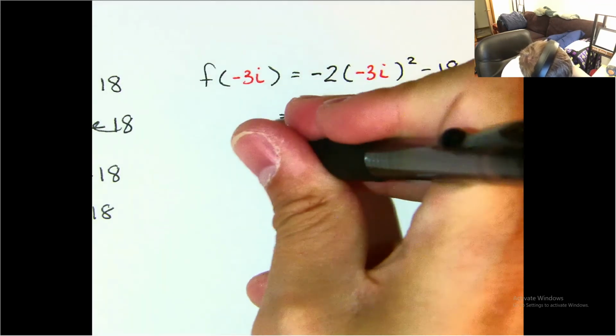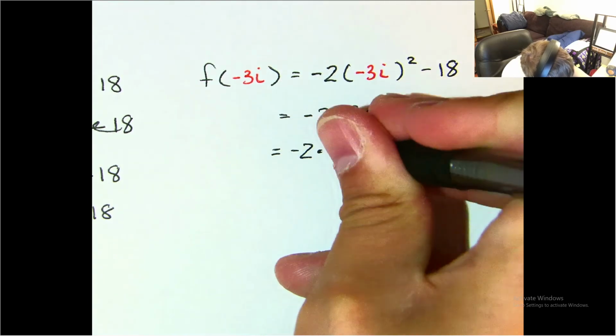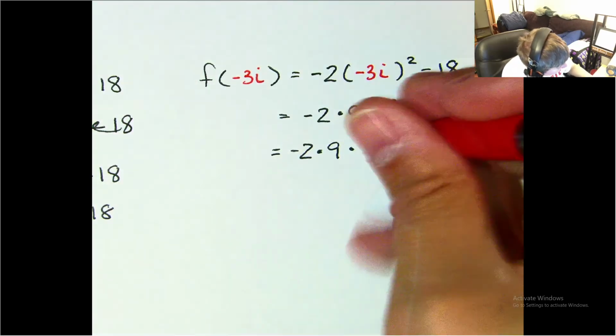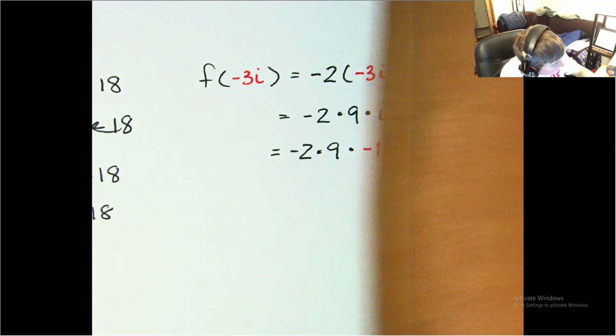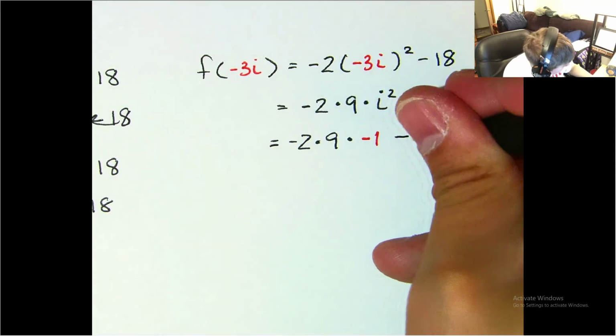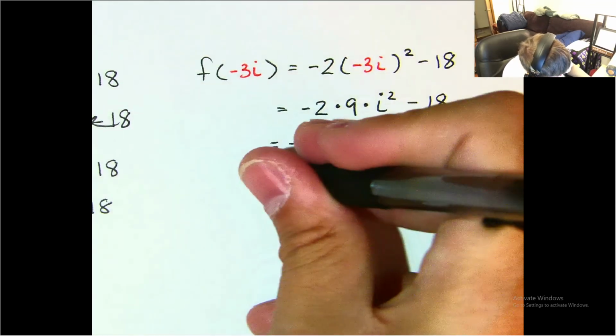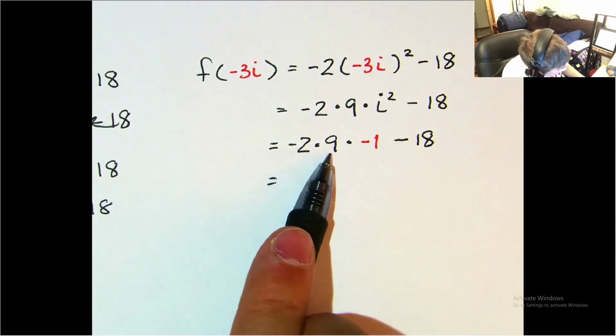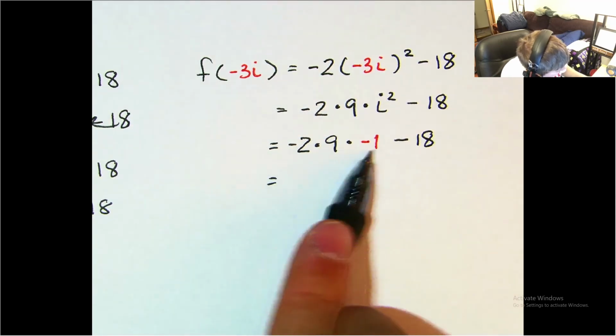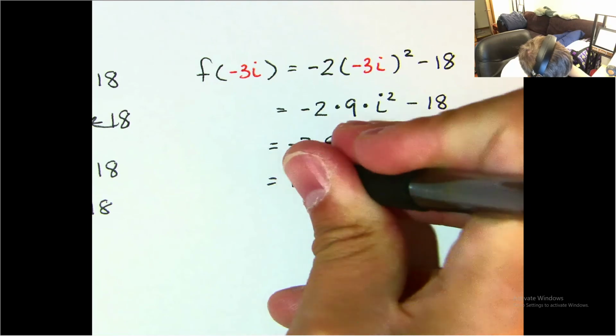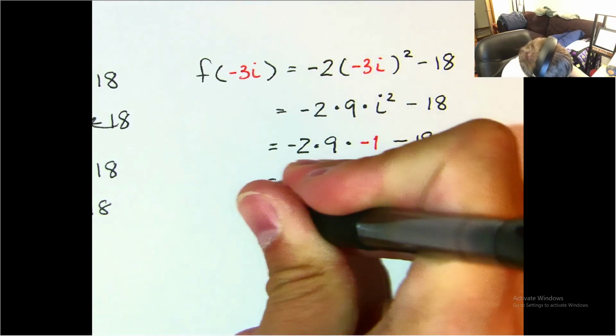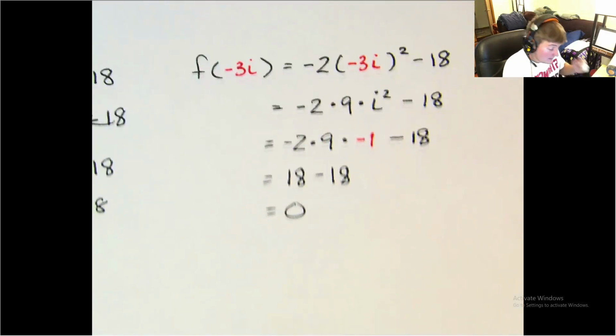Then I get negative 2 times 9 times negative 1, because that's what i squared is equal to. Negative 2 times 9 is negative 18, and negative 18 times negative 1 is positive 18. So again, this is equal to 0.